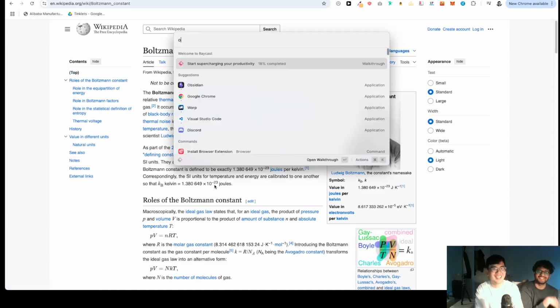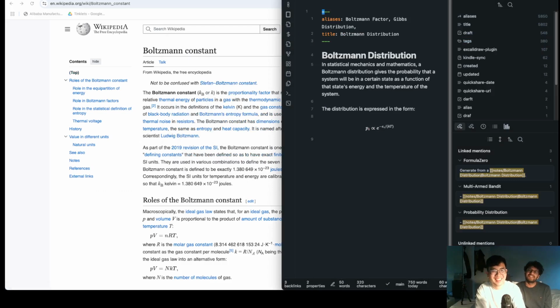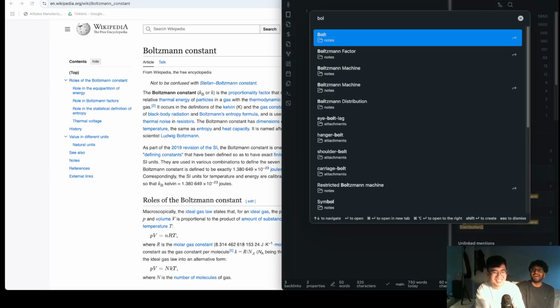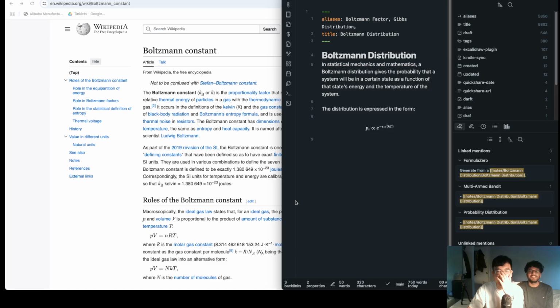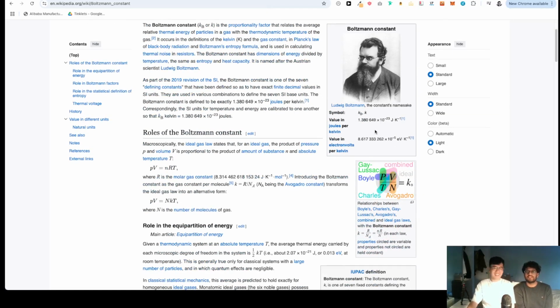The Boltzmann constant is insane. I remember this from chemistry. That is crazy. I think they're just using it for fun though. Just for fun. Yeah, I agree with you.